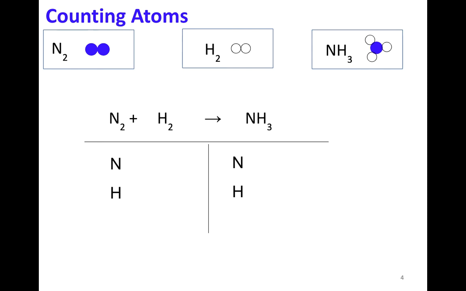So now let's go back and count. If we look at the subscript of 2 for the nitrogen, we know we have 2 atoms of nitrogen. Same thing with the hydrogen, we have 2 atoms of hydrogen. And you can see that up in the pictures as well. Going over to the product side, we have 1 atom of nitrogen and 3 atoms of hydrogen.